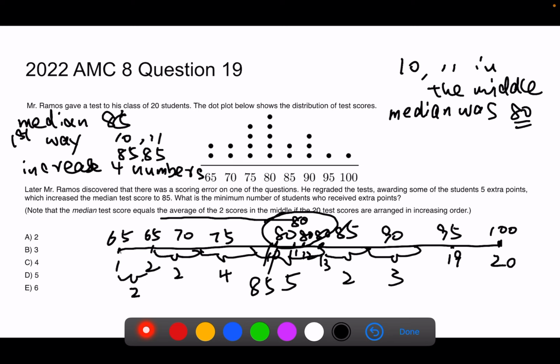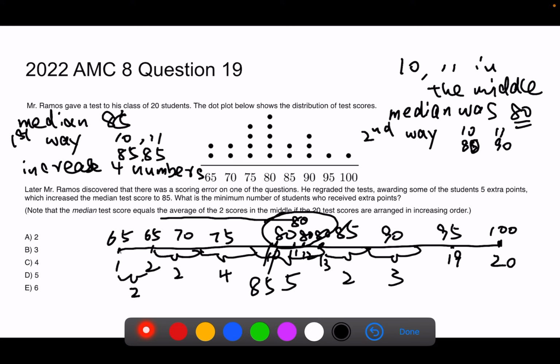Are there other possibilities? Well, the second way is a little bit trickier because you need the average of the two numbers in the middle to be 85. So the second way is your 10th is 80, your 11th is 90.